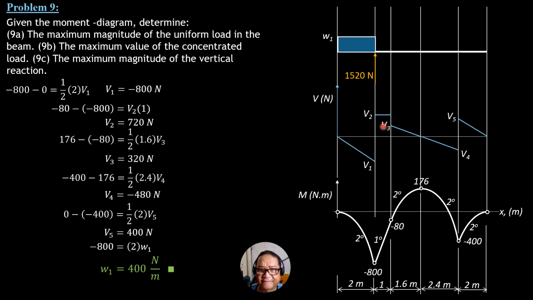So after that, there's no change in shear, so that means there's no loading in between. Then, because we have here a first degree curve, which has negative slope again, we have a uniform load here, because this is first degree, 0 degree there. Then I'll call the loading W2. So 0 minus V3 equals 1.6 times W2 perhaps.